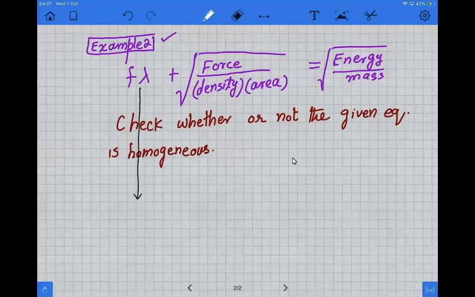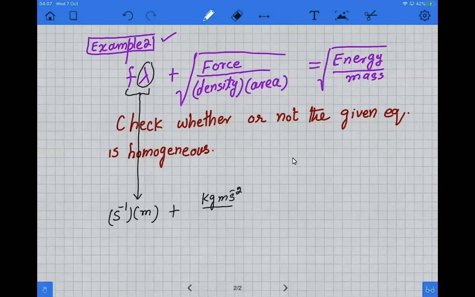Writing units. First of all, what is base unit of f and lambda? Base unit of f is second inverse and base unit of lambda is distance, its wavelength. Its unit will be meter. Plus force will be in kilogram meter second minus 2 divided by density will be kilogram meter minus 3.